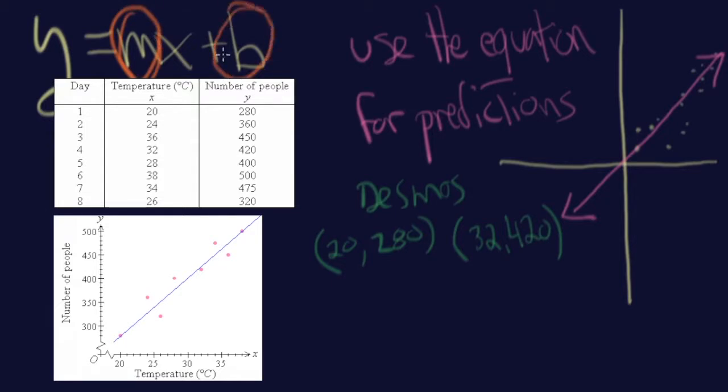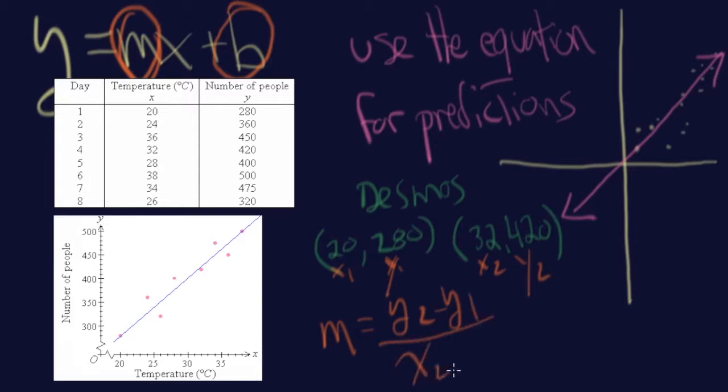So the very first thing I want to go and do is figure out what my slope is. So don't forget, we're going to use x1 and y1, and then we're going to use x2 and y2. I'll make this look like a y. There we go. And because we're going to use that equation, m is equal to the difference of y over the difference of x. So we're going to go and plug in all of our numbers there.